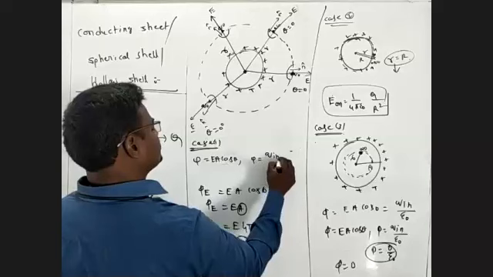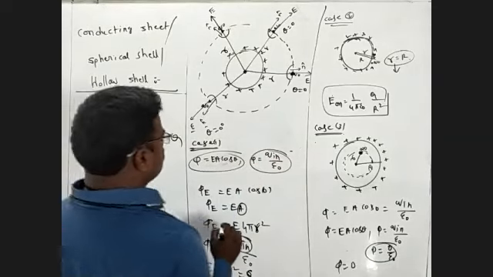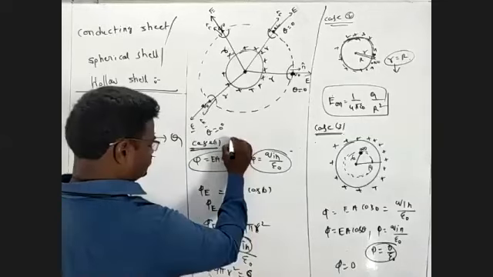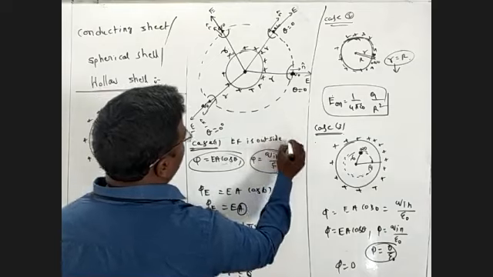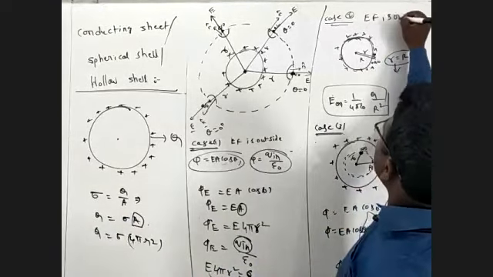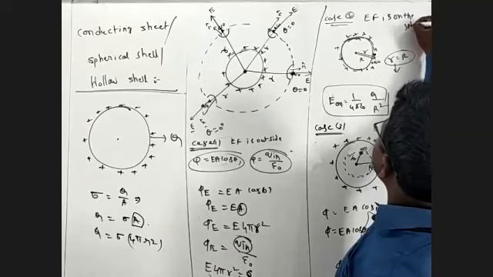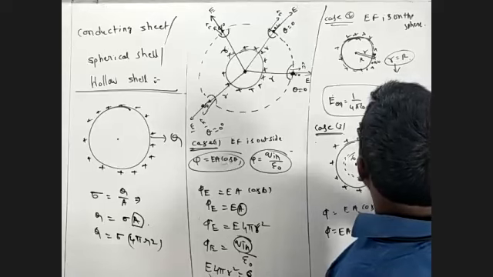Phi is equal to Q enclosed by epsilon naught.